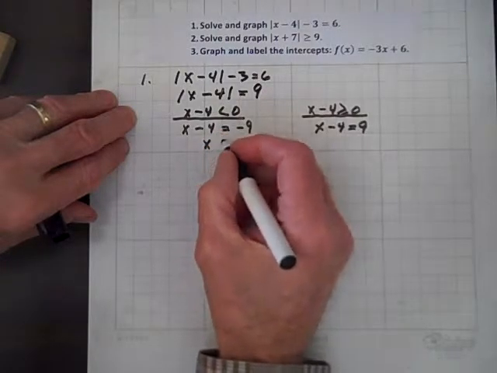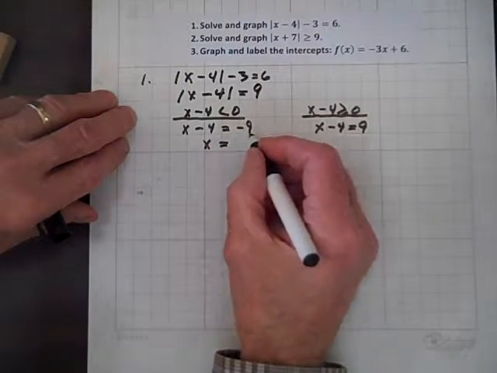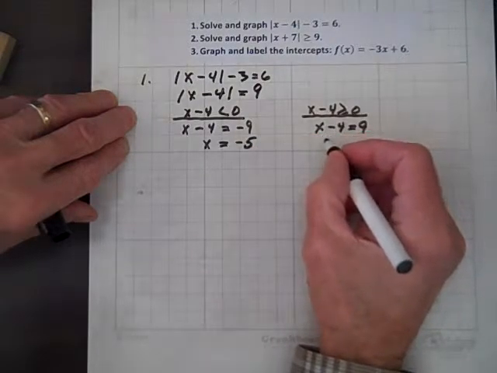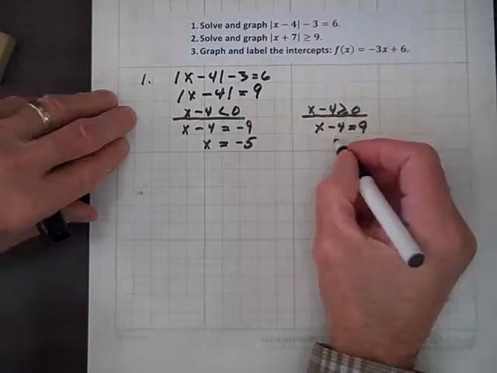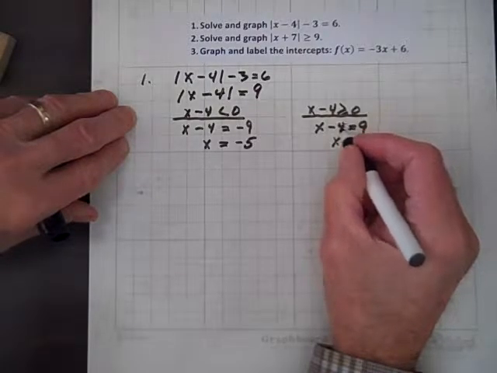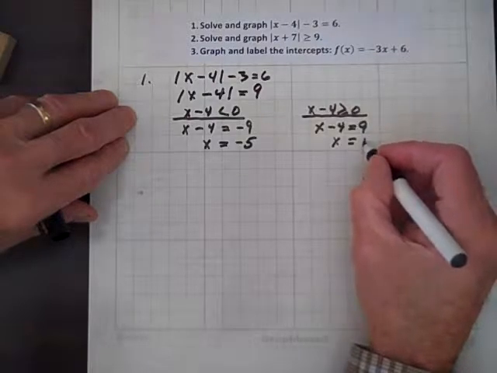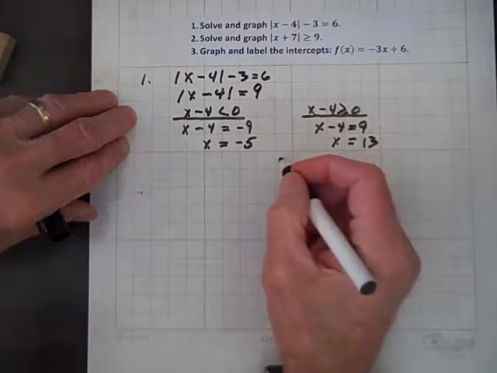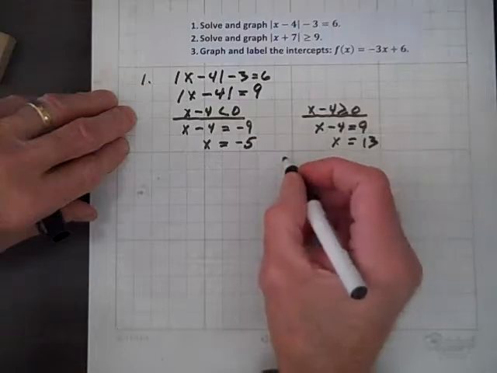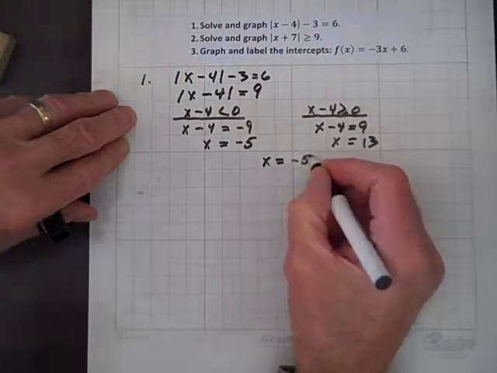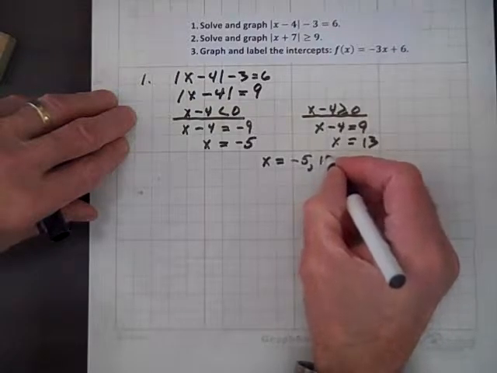So 4 minus 4 is 0, and 4 minus 9 is negative 5. In this case, we'll add 4 to both sides, and 4 minus 4 is 0, and 4 plus 9 is 13. So the values of x that solve this are x equals negative 5, and also 13 will solve it.